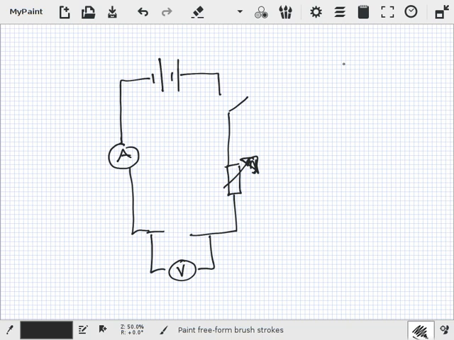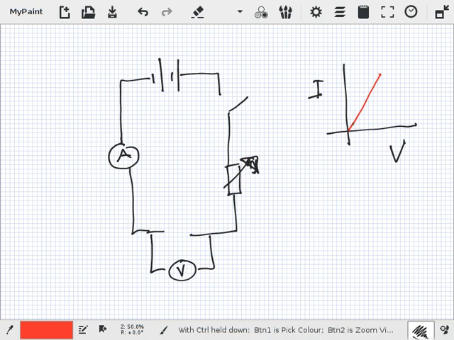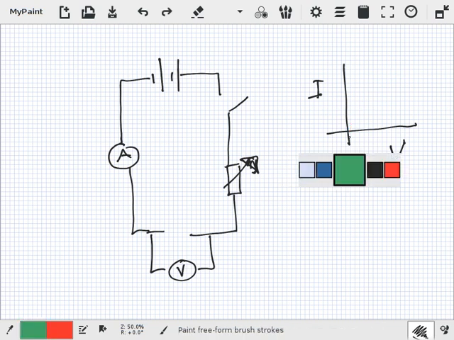And then you would draw your graph, and then what is it? V here, isn't it? And I here. And if it's ohmic, it's like this. And then, what were the other ones? The filament bulb increases in resistance when the voltage increases. So I think the filament bulb goes like this. And then do you remember the diode?